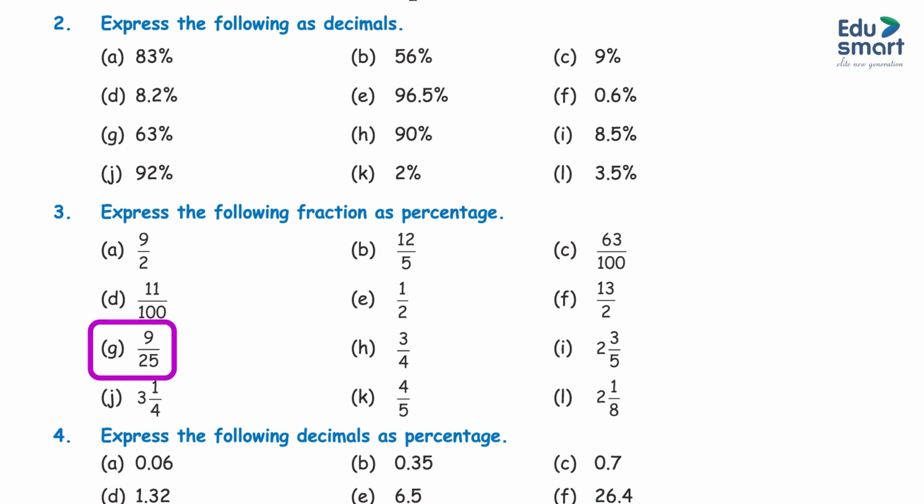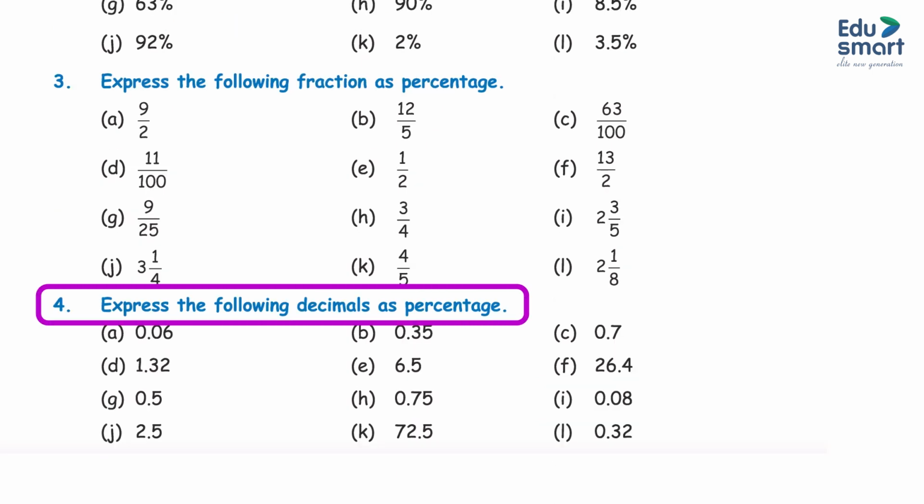G 9 upon 25, 36%. H 3 upon 4, 75%. I 2 3 upon 5, 260%. J 3 1 upon 4, 325%. K 4 upon 5, 80%. L 2 1 upon 8, 212.5%.